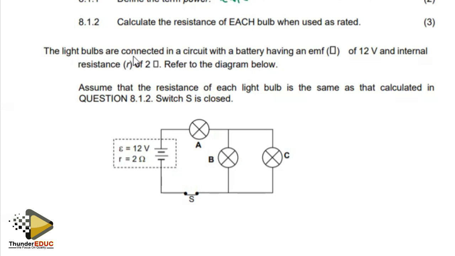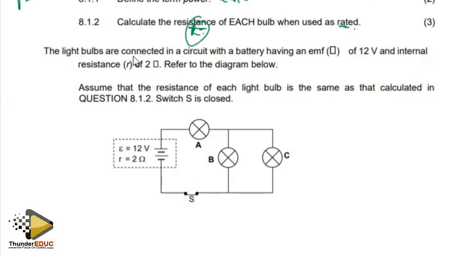Then 8.1.2, calculate the resistance of each bulb when used as rated. So we have the power, we have the voltage. What do they want? The resistance R. So we need to look for a formula of power that has resistance involved.